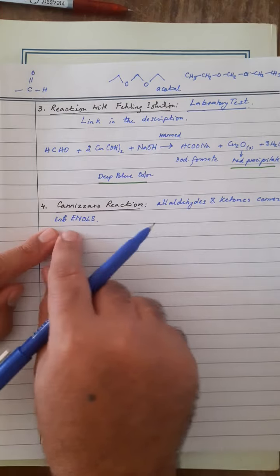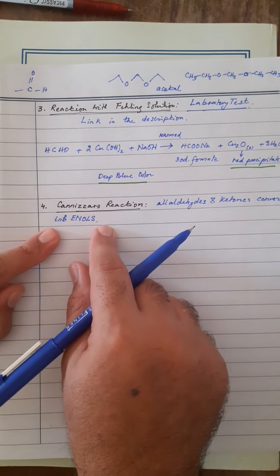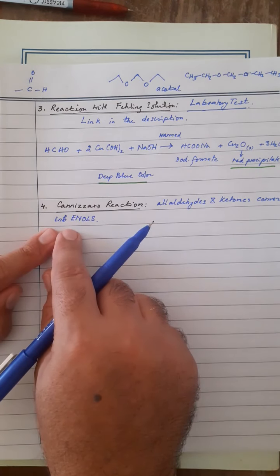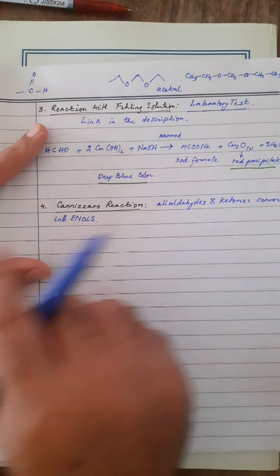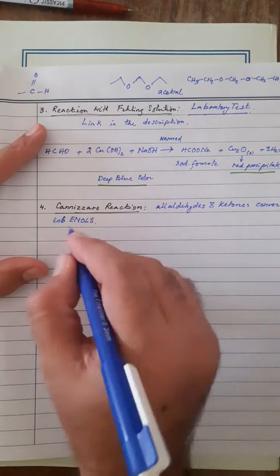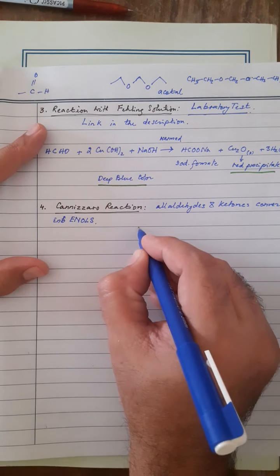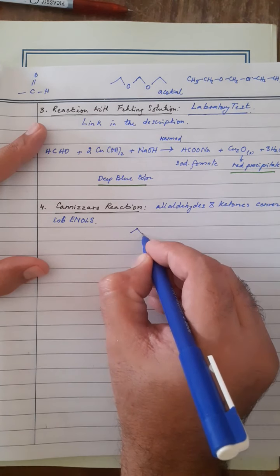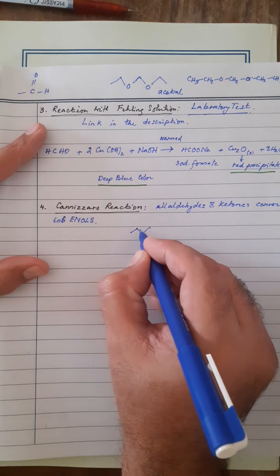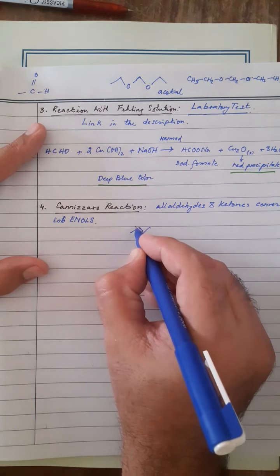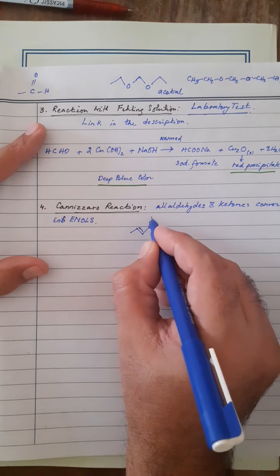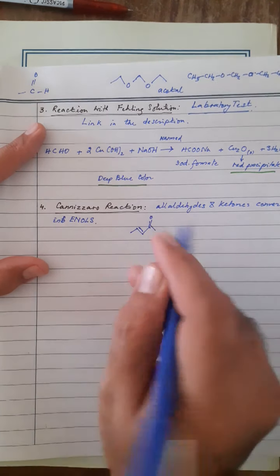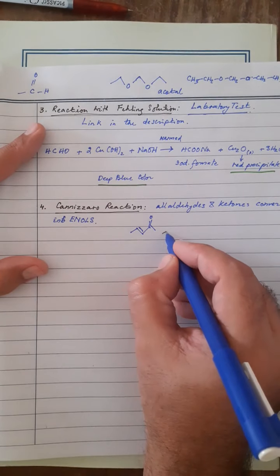So enols are very reactive species, and they make ions called enolates. I'm very sorry, it's not in our syllabus, but I'll just make it for you, okay? So you can see that this double bond, and this is a double bond O. Now this is the enolate ion.